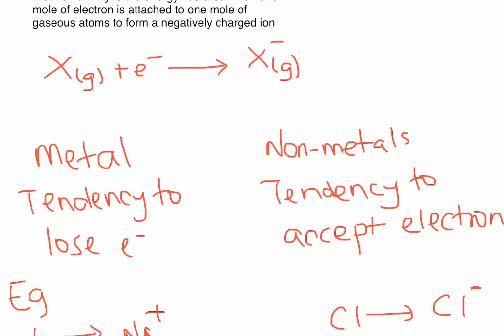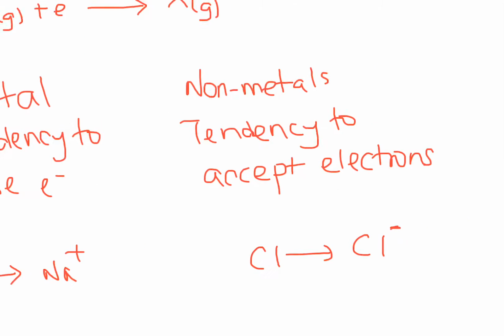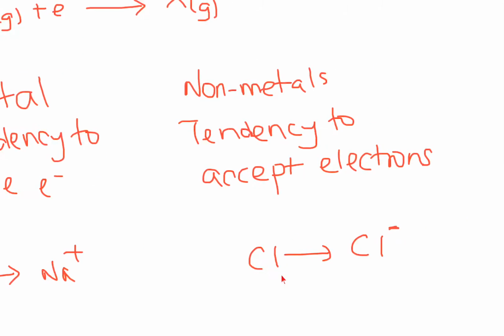So metals generally have a tendency to lose electrons to have a stable electronic configuration, so Na will form Na+, but non-metals like Cl have a tendency to accept electrons to have the stable electronic configuration of noble gases.